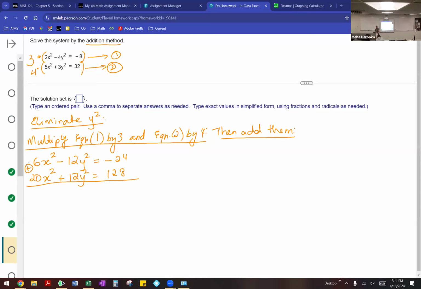Alrighty, so of course, as we had hoped, the negative 12y squared and positive 12y squared will cancel each other out. Leaving us with, since we're adding, 20 plus 6, 26x squared equals, well, 128 minus 24.